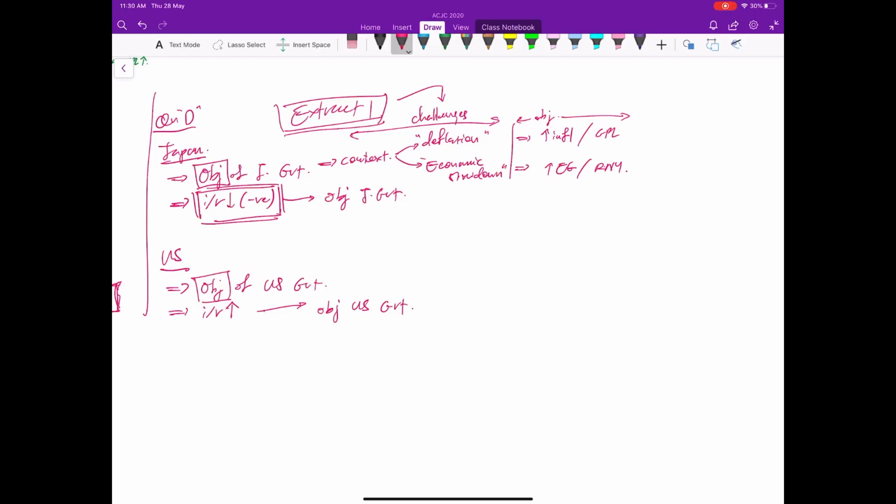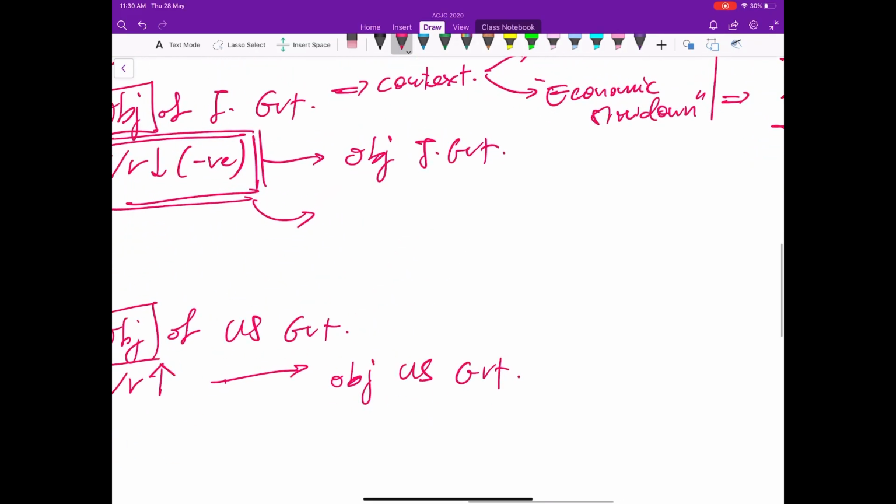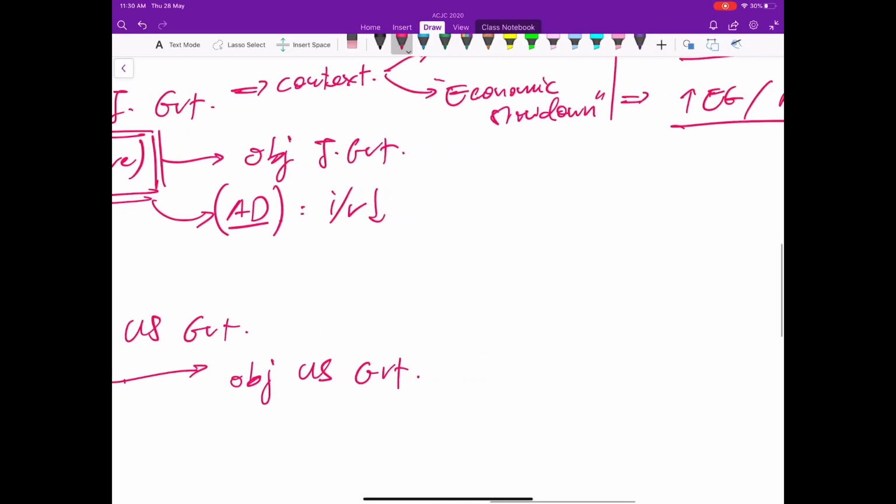reduce interest rates. But how does reducing interest rates get us to the objective? Well, you have to link it to your AD. If I reduce interest rates, what happens is my cost of borrowing falls.